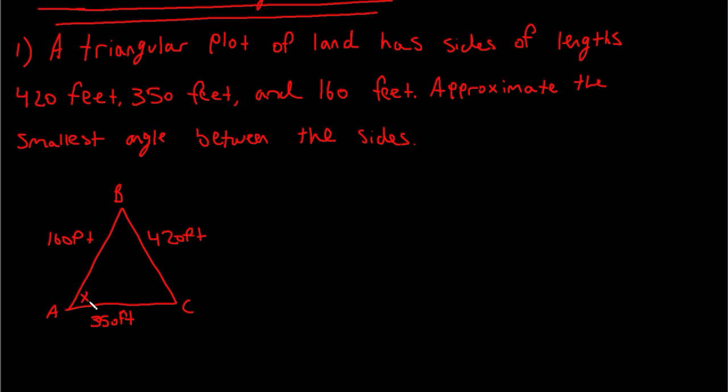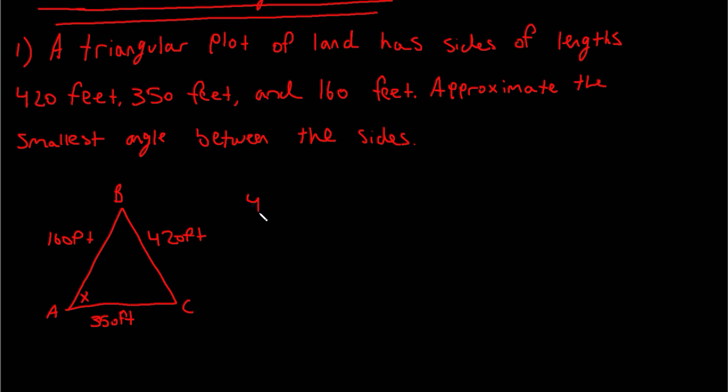This is going to be our x component here. We're going to be using the law of cosines. We know that cosine is equal to opposite over hypotenuse. That's not too important here, but it's good to know. So opposite of 420, we're going to square it.